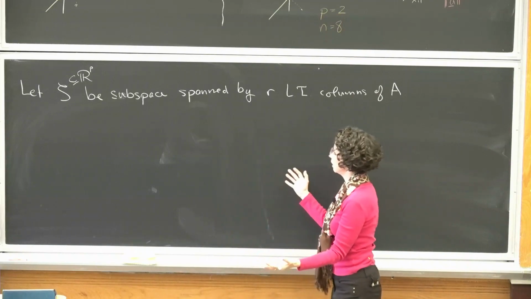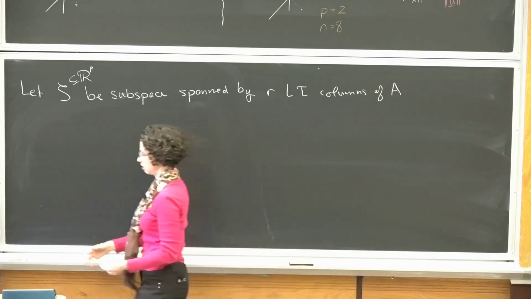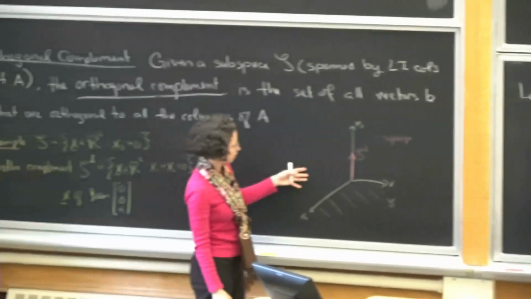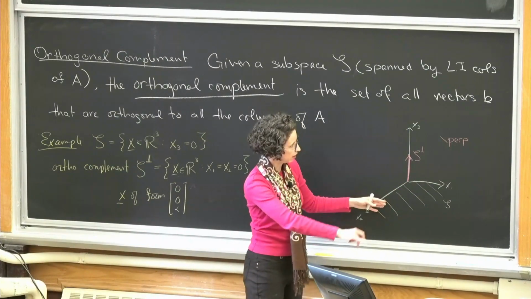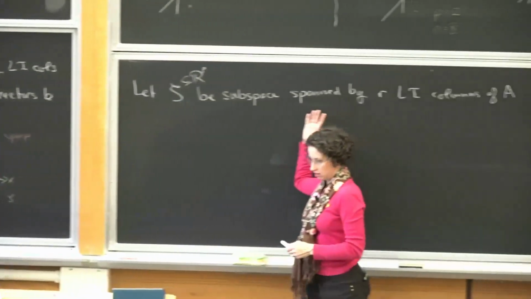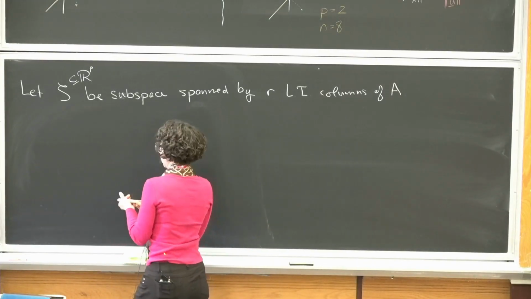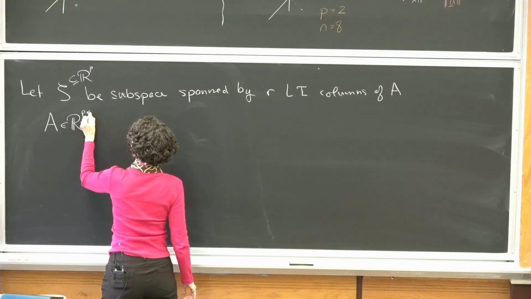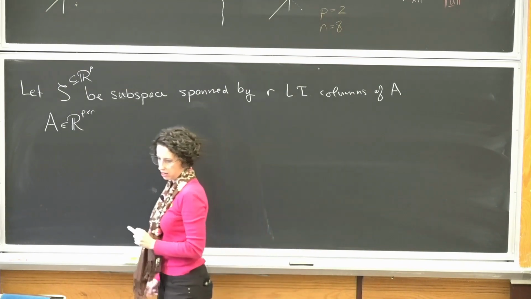So we're in a p-dimensional space, but the subspace is r-dimensional. For instance, in our previous example, we were in a 3-dimensional space, and our subspace was 2-dimensional. It was just this 2D plane. So more generally, we're in a p-dimensional space, and we've got an r-dimensional subspace. This means that A is going to be a P by R matrix, where those R columns are linearly independent.